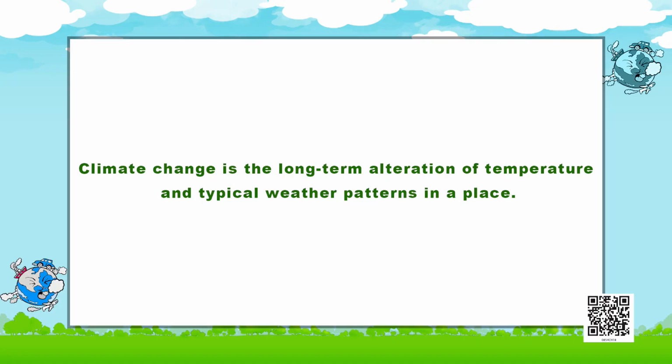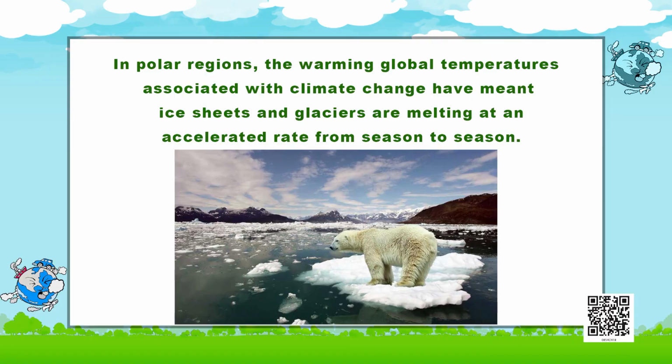Global warming has led to climate change. Climate change is a long-term alteration of temperature and typical weather patterns in a place. Climate change could refer to a particular location or to the globe as a whole. In polar regions, the warming global temperatures associated with climate change have meant ice sheets and glaciers are melting at an accelerated rate from season to season.